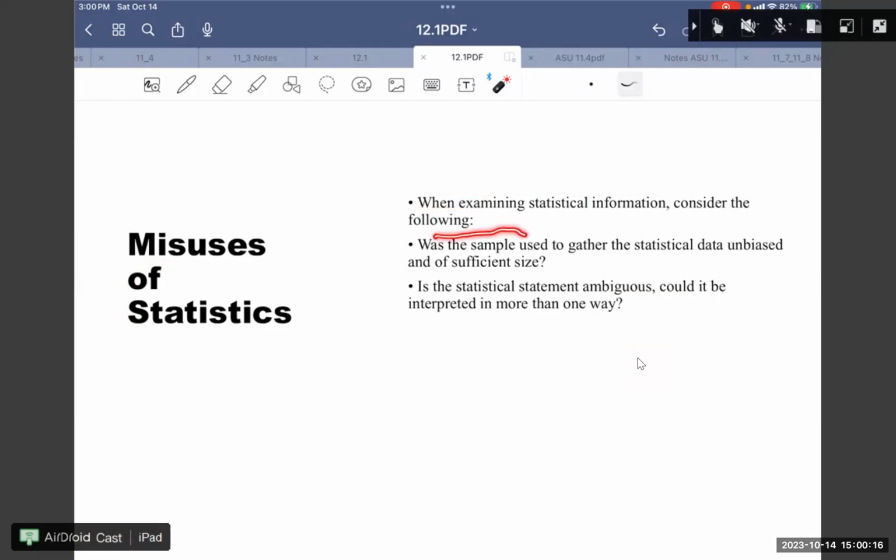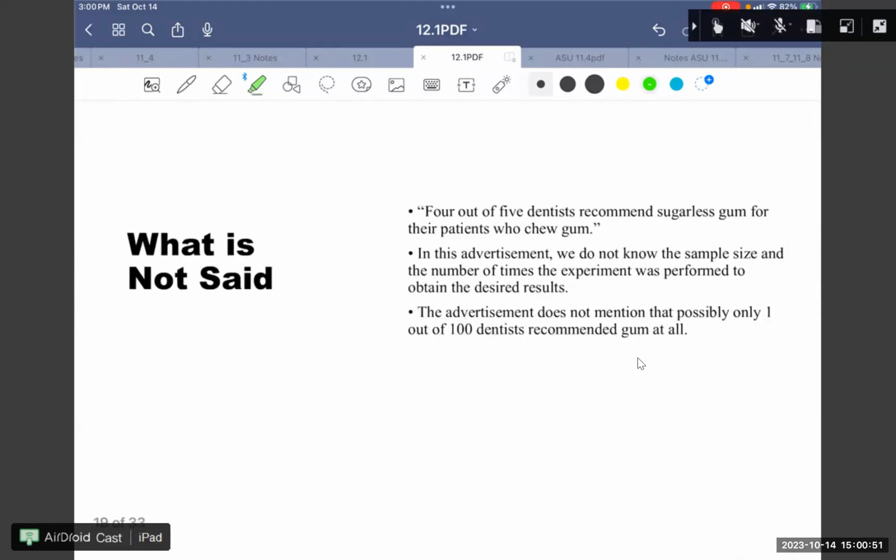Was the sample used to gather the statistical data unbiased and of sufficient size? Is the statistical statement ambiguous? Could it be interpreted in another way? So, what is not said?